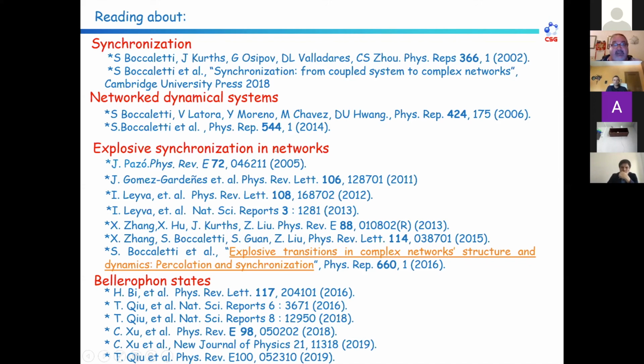Explosive synchronization in networks, starting from the first observation of Gómez-Gardeñes in 2005 up to the recent papers, and we already published here another large monograph where you find discussion almost on every aspect of explosive synchronization. And the Bellerophon states are studied in these papers, which are from 2016 to one paper last year.